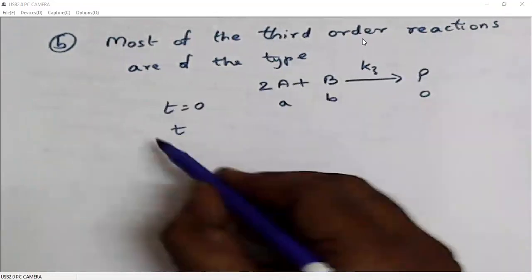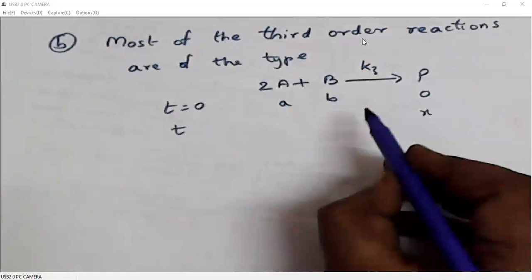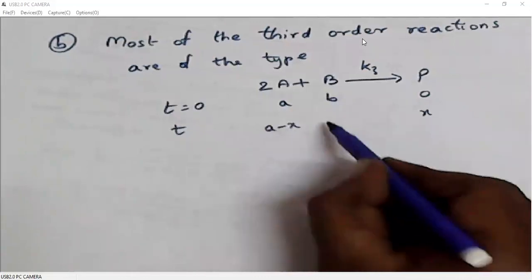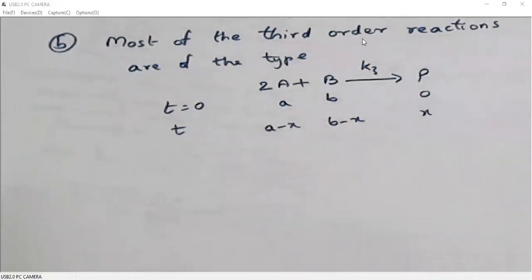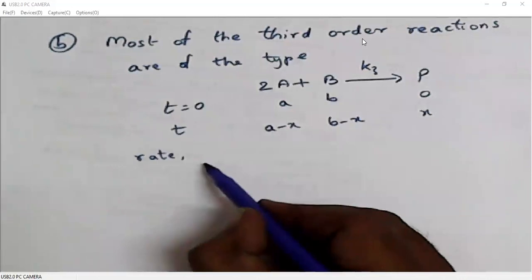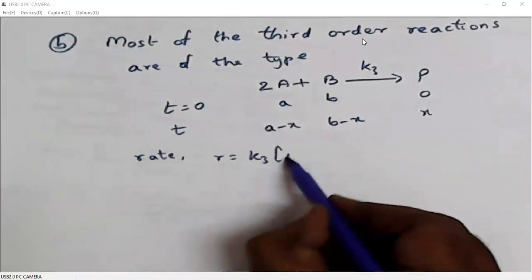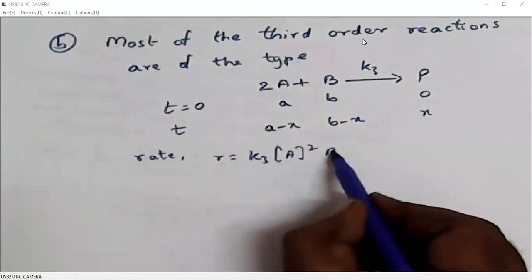At some time t, if x is the amount of product, then it is a minus x and b minus x. When we want to derive the integrated rate expression, according to rate law, r is equal to k3 into a square into b.